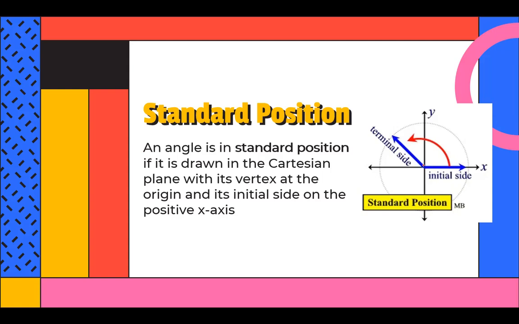This one has its vertex at the origin, and its initial side is on the positive x-axis. Those are the things we need to know first in order to consider that our angles are in standard position. Again, its vertex is at the origin and its initial side is on the positive x-axis.